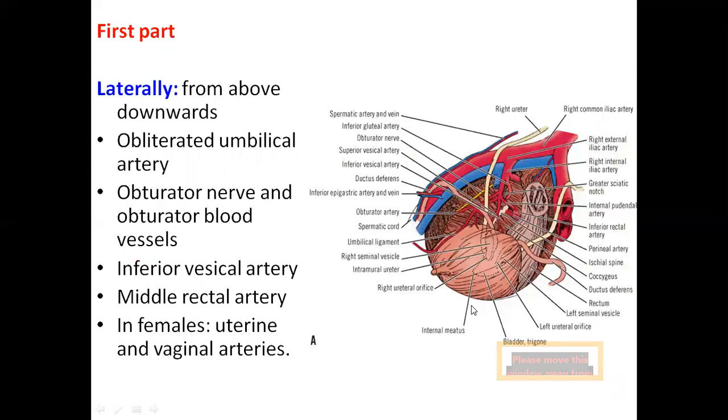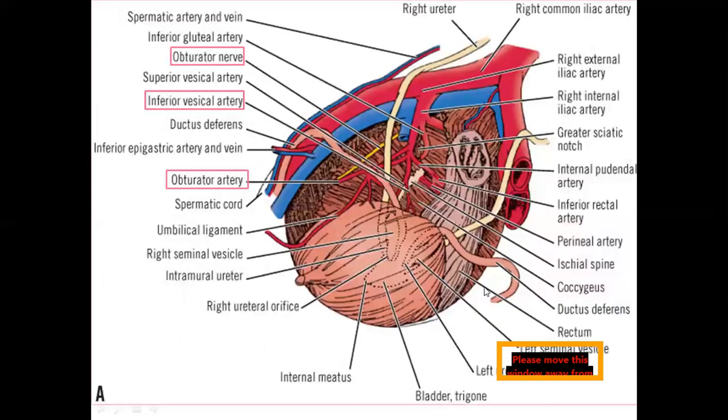Medially, it is covered with peritoneum. The first part is laterally related from above downwards to the obliterated umbilical artery, then obturator nerve, obturator blood vessels, inferior vesical artery, middle rectal artery, and in females, uterine and vaginal arteries.